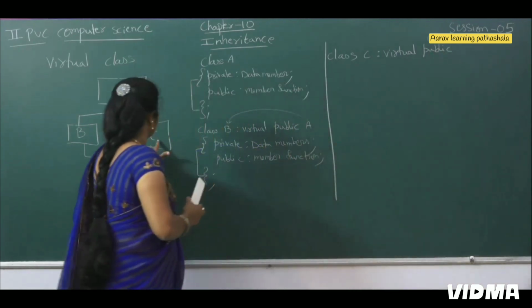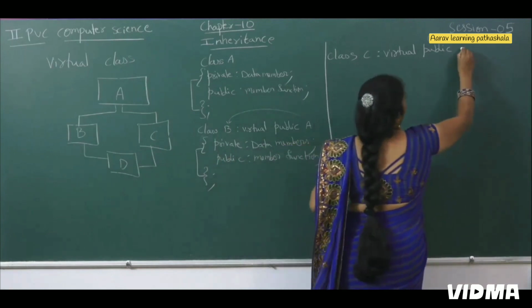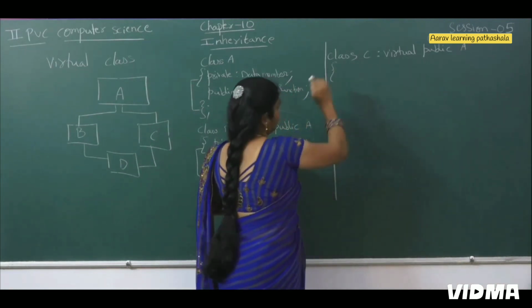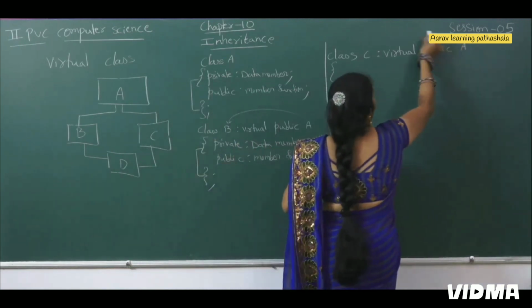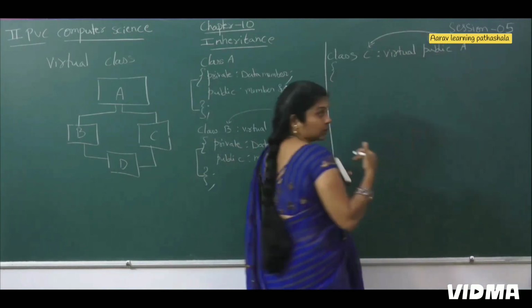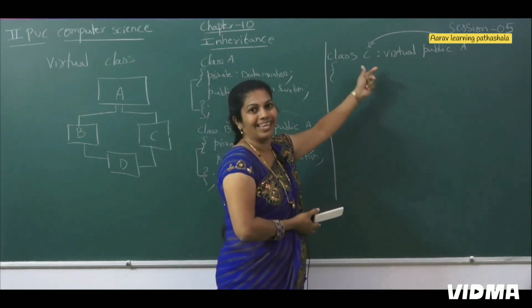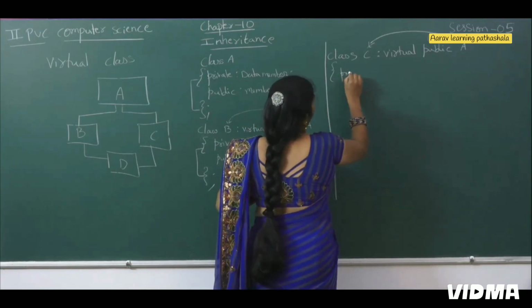We are creating this C class by using class A. Then after this you have to write A. Now this C also we have created by using the class A. Here we have written public, that's why we can access the data as well as functions of A in the C derived class. Now here also this may have data members.